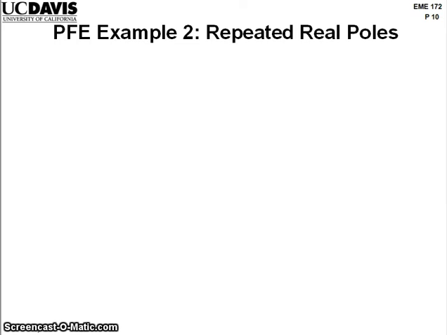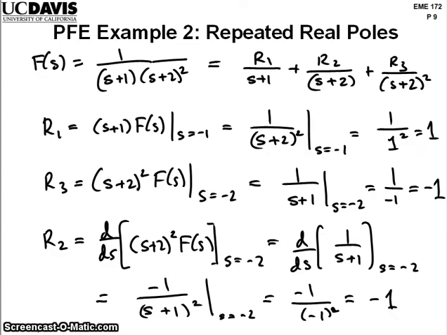Now we put together all the partial fractions, the way we wrote it: R1 over s plus 1, R2 over s plus 2, R3 over s plus 2 squared. We have 1, minus 1, minus 1 as R1, R2, and R3.